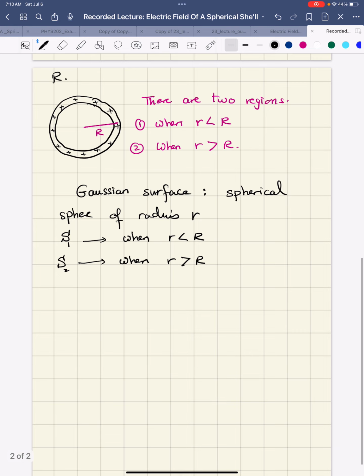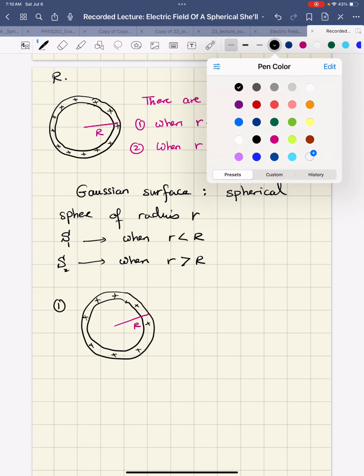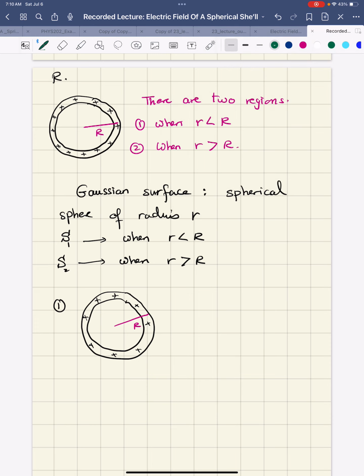Now, let's start with the first one. I have that spherical shell here, which has that uniform distribution and has a radius R, and my Gaussian surface is this green one here, which I'm going to call S1, and it has a radius lowercase r.